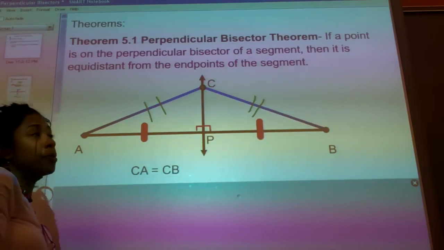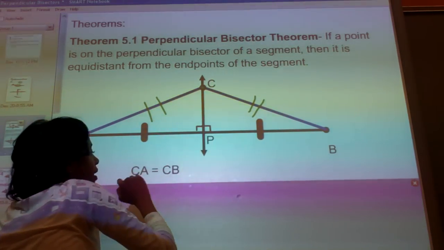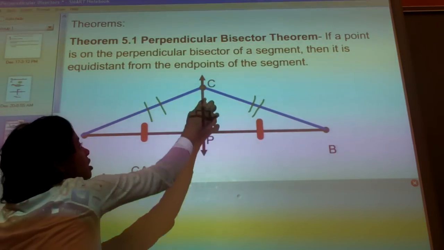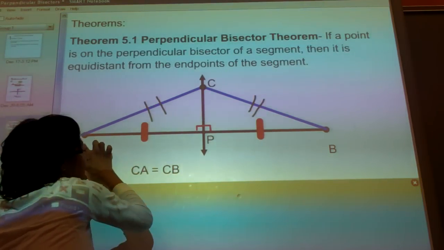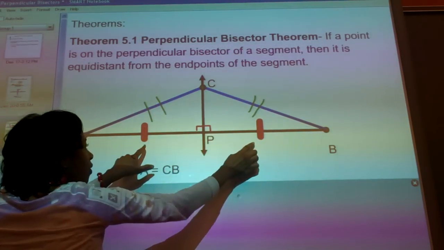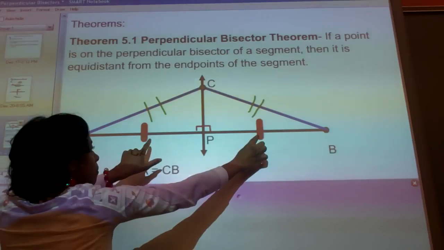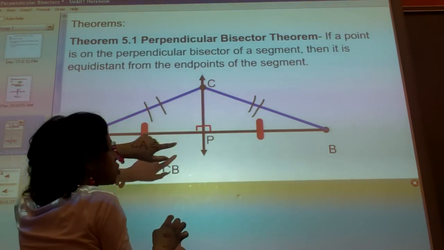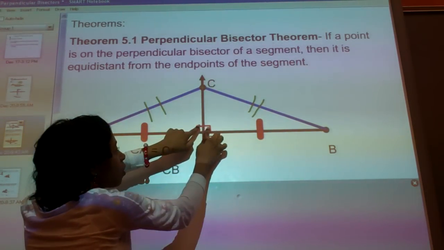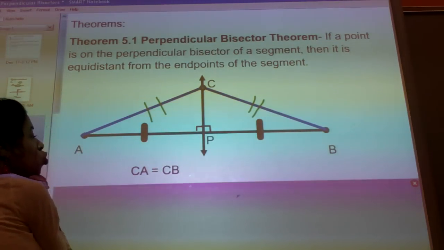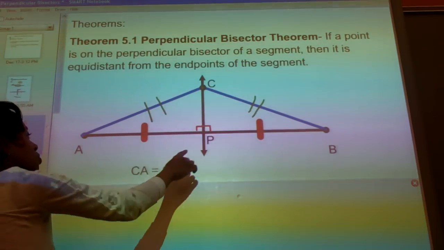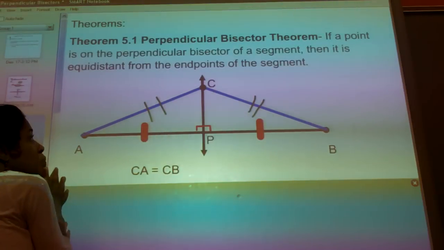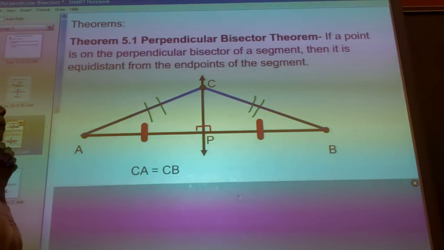How do I know CP is a perpendicular bisector? Because CP divides line segment AB exactly in half, and I know that because AP is congruent to BP. And at the same time, where CP intersects AB, it causes two 90-degree angles to form, which means I really should have four because these bottom ones would be 90 degrees as well.